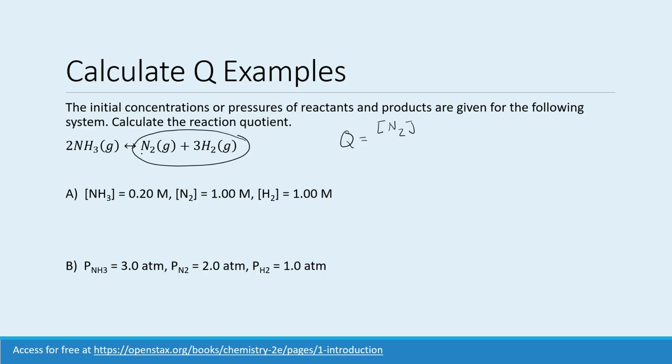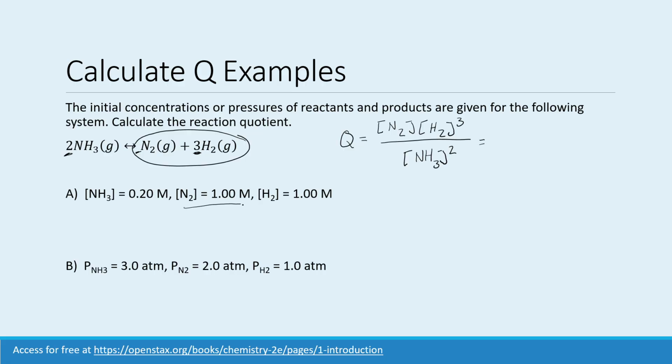So the concentration of nitrogen gas. And we don't have to raise that to a power because the coefficient there is assumed to be 1. And then multiply that by the concentration of hydrogen gas. And we do want to raise that to the power of 3 from the coefficient 3. And then divide by your one reactant, ammonia NH3, and raise it to the power of 2 from that coefficient.